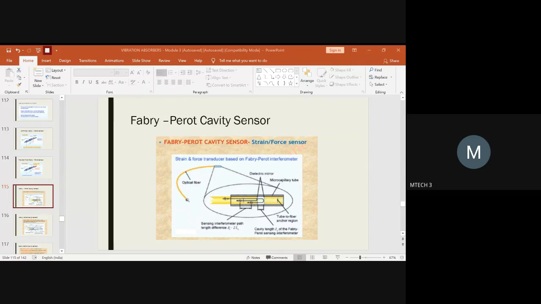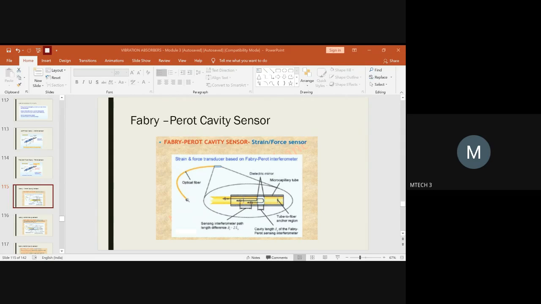Before starting, can anyone let me know what we were dealing with in the last class quickly? Which was the topic we were dealing with? Basic attenuation mechanism, fiber optics attenuation, fiber performance, characteristics.